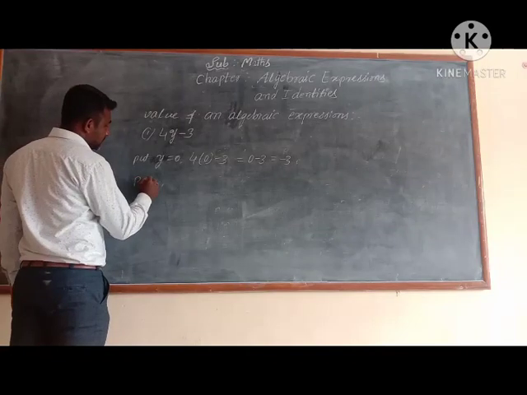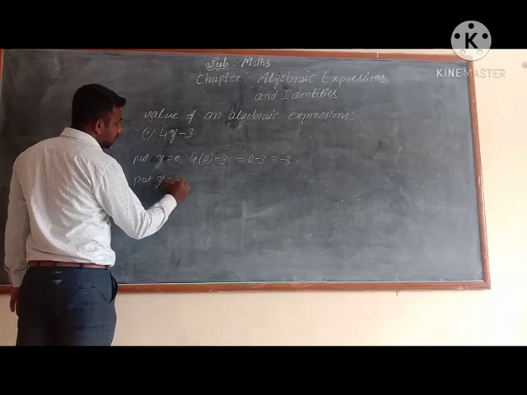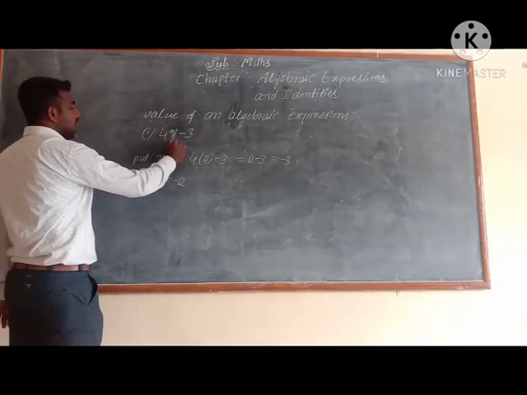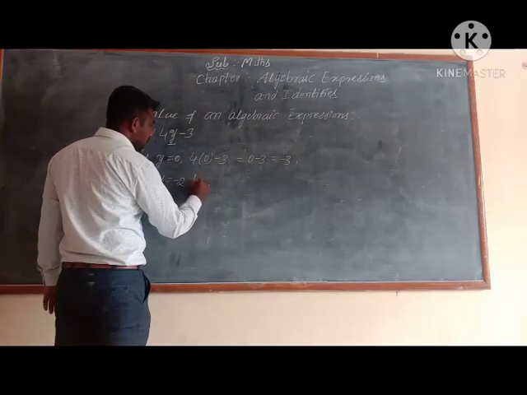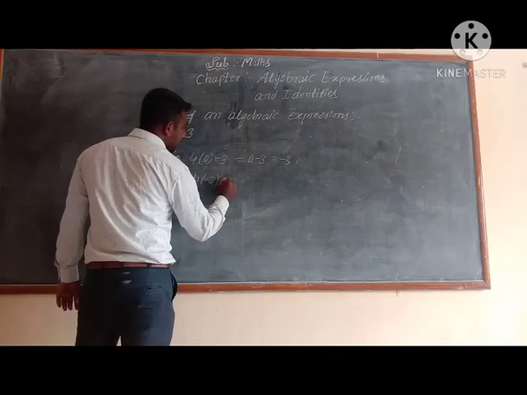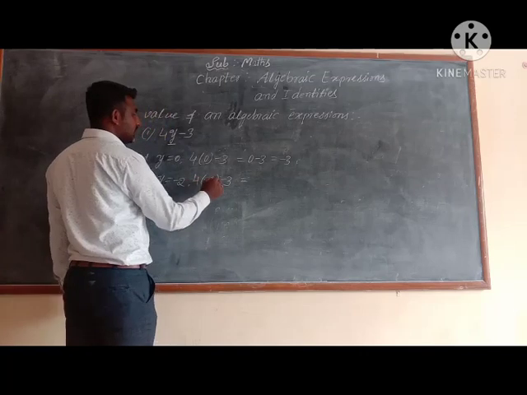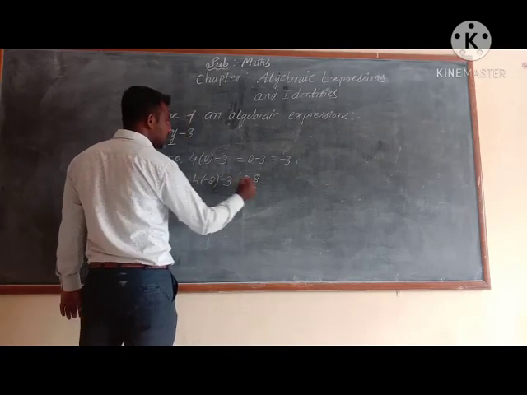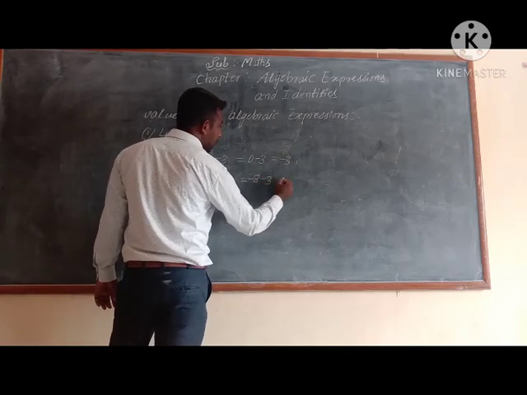Suppose put y is equal to minus 2. In place of y, we can put minus 2. 4 into minus 2, minus 3 is equal to 4 2s are 8, minus into plus gives minus, minus 8 minus 3.